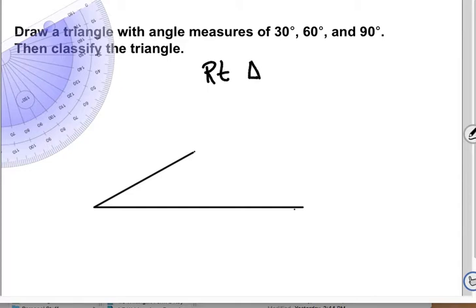I have a scalene. 30, 60, 90. It's not acute. It's not obtuse. Anything else that I know for certain I can label it? Right triangle or scalene triangle. All right. Right scalene would get both sides and angles. Do we agree? Okay.